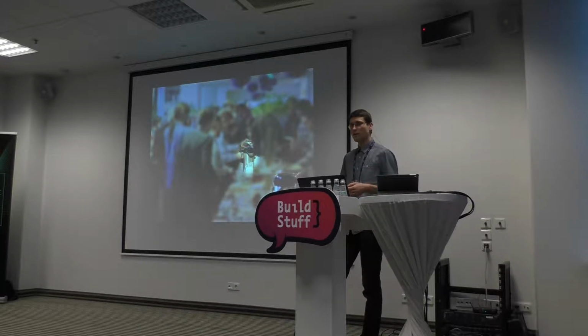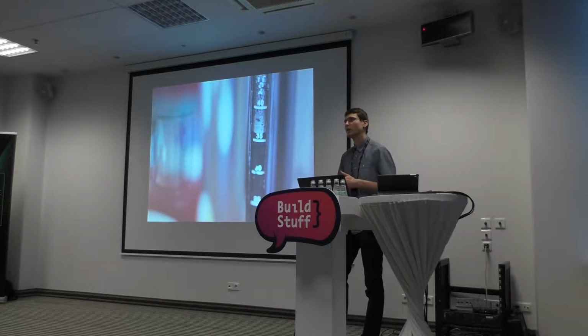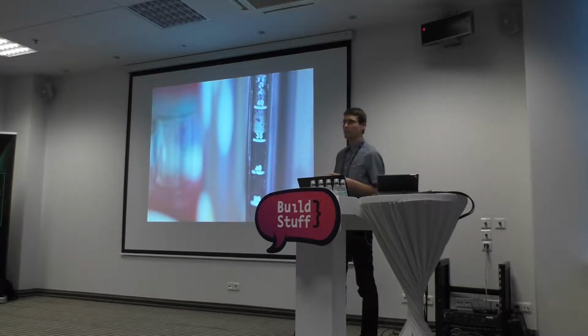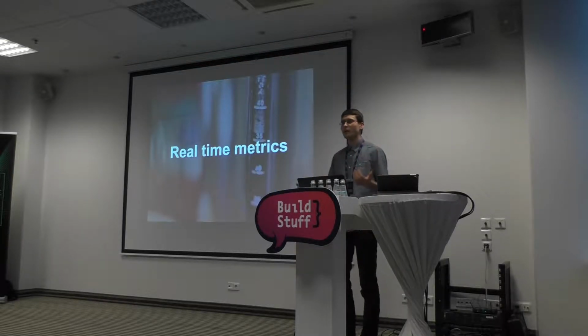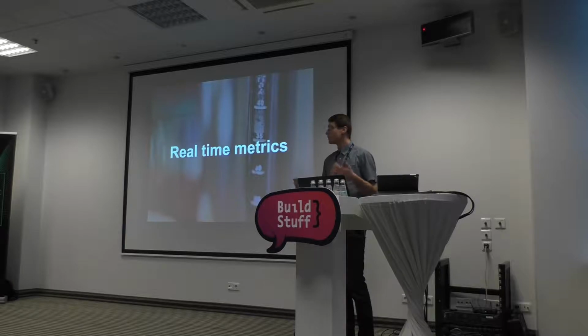Luckily, on the other arm, there's another type of thermos that has some kind of metric that shows how much is left, so you can choose the better queue and not waste your time, especially if you're preparing for the presentation. So that is the example of real-time metrics in the real world.